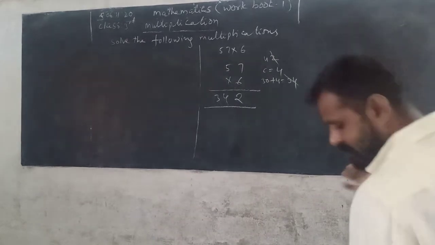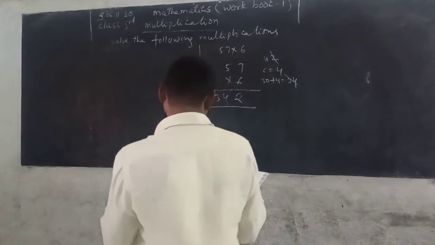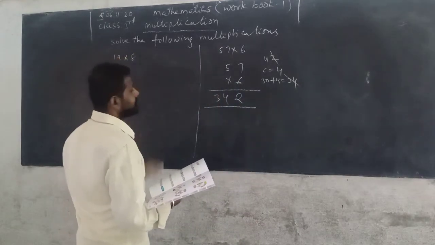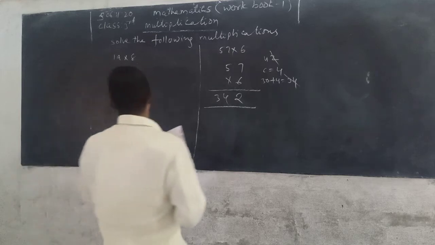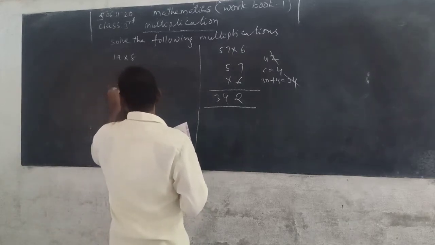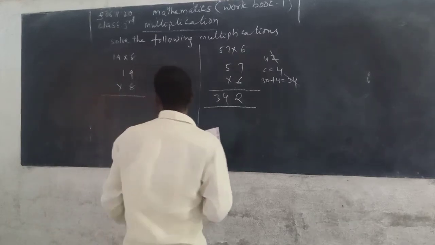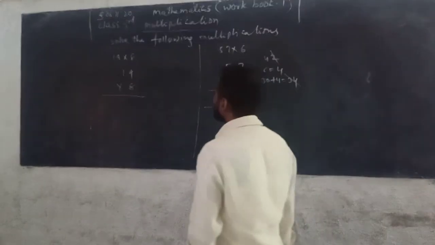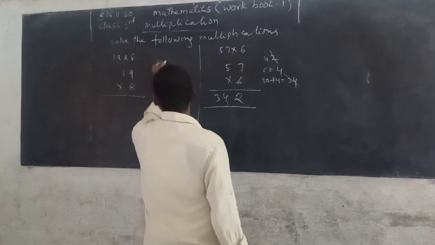Now next one is 19 into 8. First the given number is written in column wise according to their places. 19 into 8. So we multiply the digits in ones place, that is 9 with 8. You can read 8 table. 8 9s are 72.